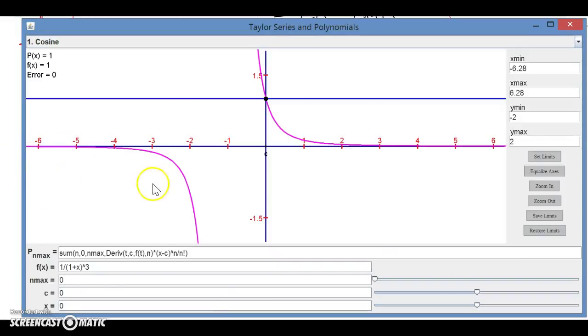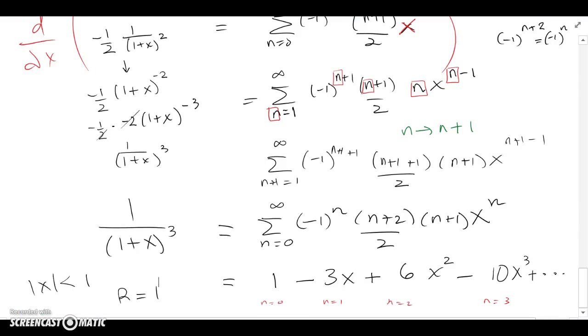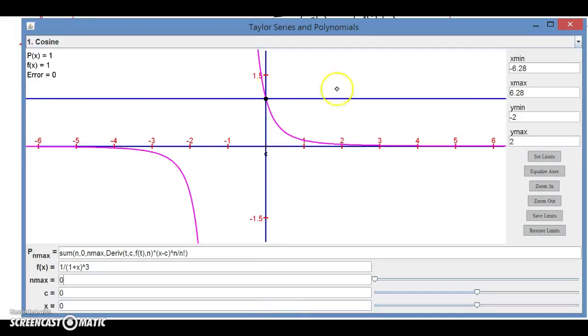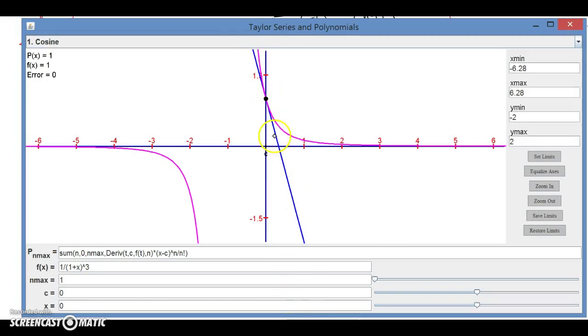So here in purple I have 1 over 1 plus x to the third. If I only look at the first partial sum, I only get this constant 1, which just gives me this line going through 0, 1. If I go up to the first degree, it gives me 1 minus 3x, a steeper slope in the negative sense, negative 3, trying to capture this piece of the curve.